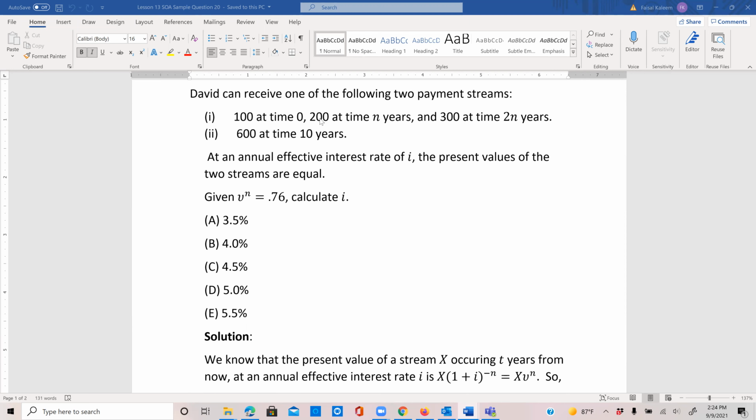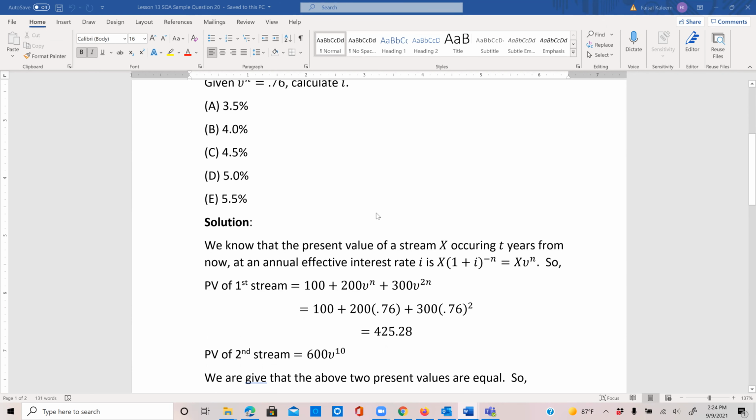The 200 sits at time n years, so it will be pulled back n years.